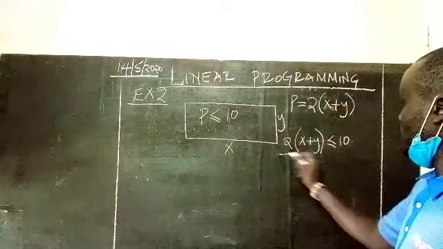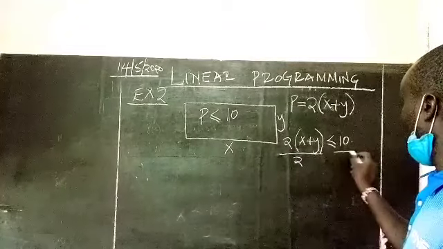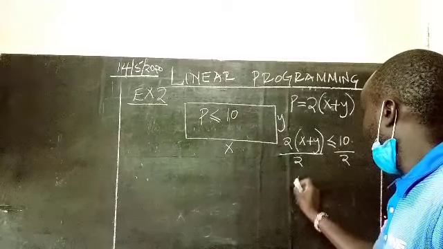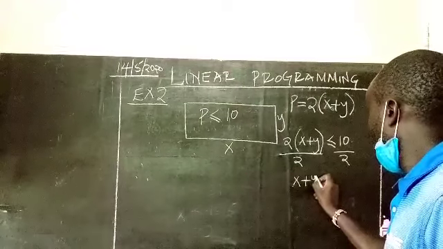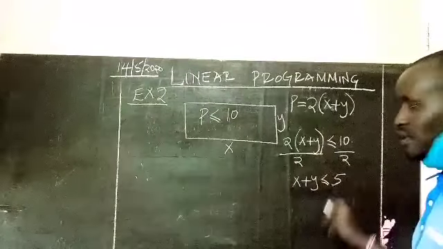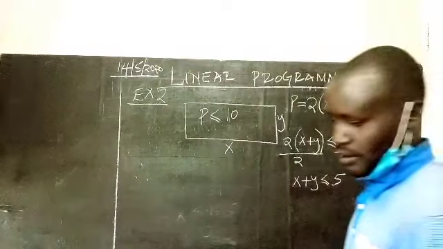If we simplify all of this by 2, we are going to have x plus y is not more than 5. This is our first inequality.